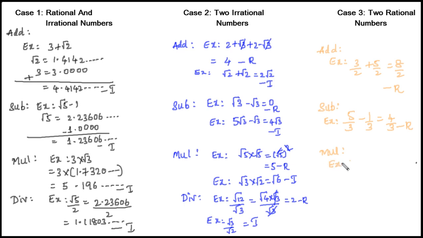Example, here it is 5 by 2 into 1 by 5. Here you can cancel out 5 with 5 and the resulting number is 1 by 2, which is a rational number. Let's do the division operation. Example, 5 divided by 3 upon 1 upon 3, which is going to be 5 by 3 into 3 by 1 and the resulting number is 5, which is a rational number. So from above examples we can conclude that operation between two rational numbers results in a rational number.